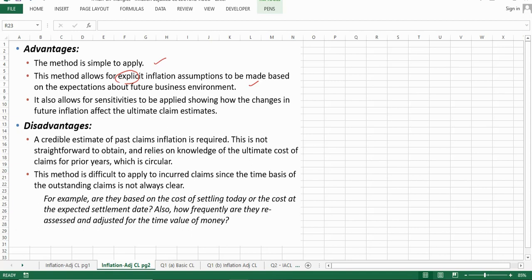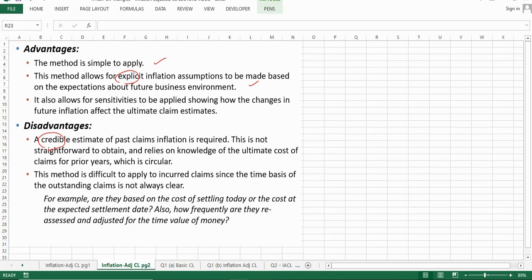Now let's see the disadvantages. Come back to this word: a credible estimate of past claims inflation is required. This is not straightforward to obtain and relies on knowledge of the ultimate cost of claims for prior years, which is circular.